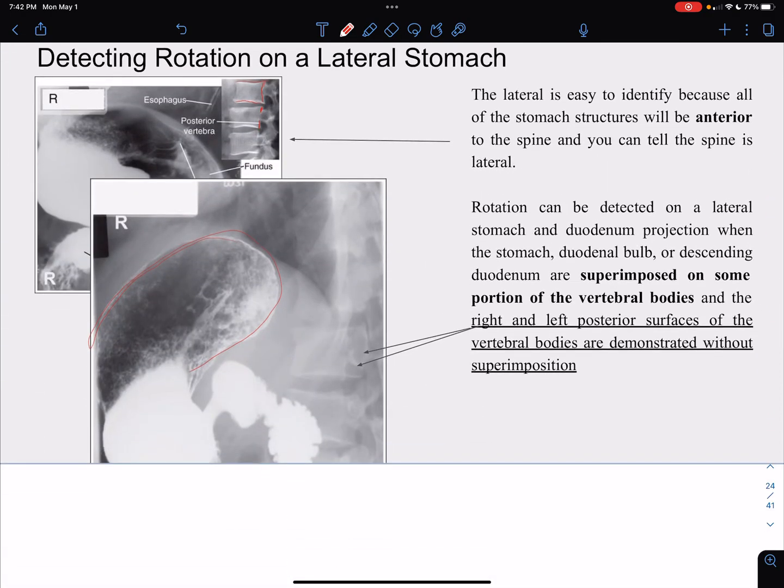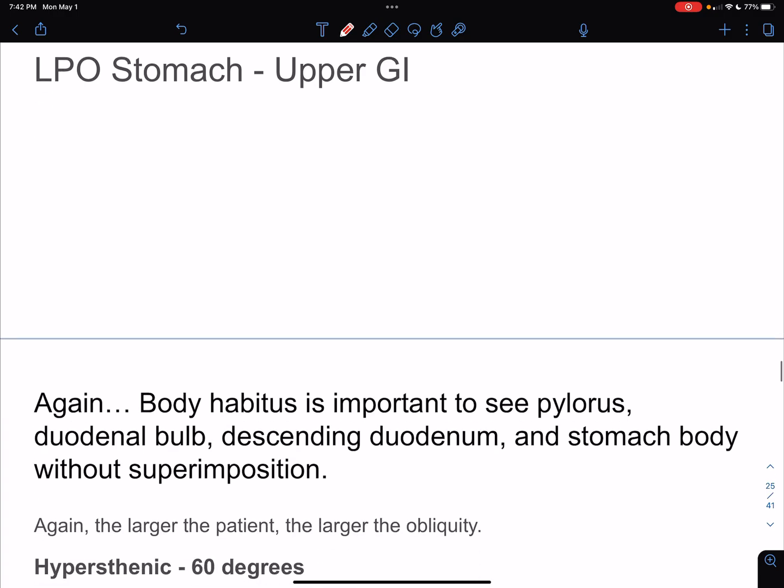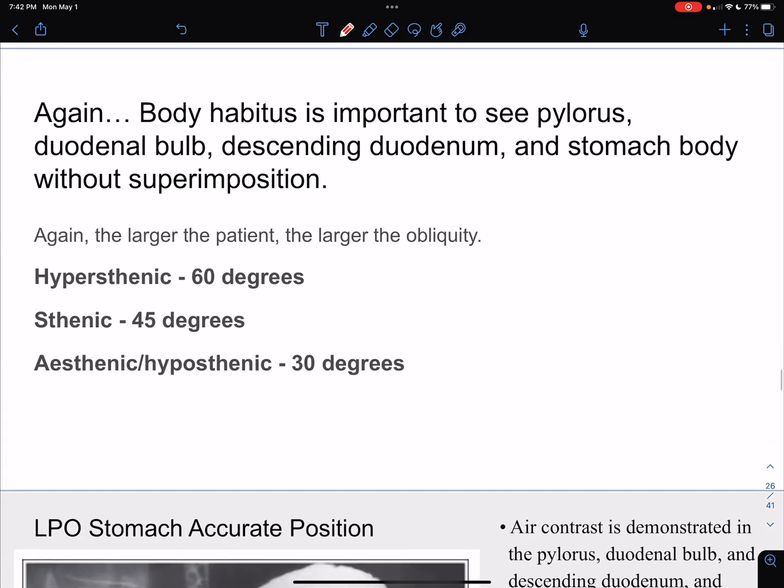But let's see. Let's move on to the LPO. Again, the RAO and the LPO are the ones that give you the best visualization of the entire stomach and the duodenal bulb and the pylorus and all the structures not superimposed over each other. So those are your two key positions in terms of looking at the whole stomach without anything overlapping each other.